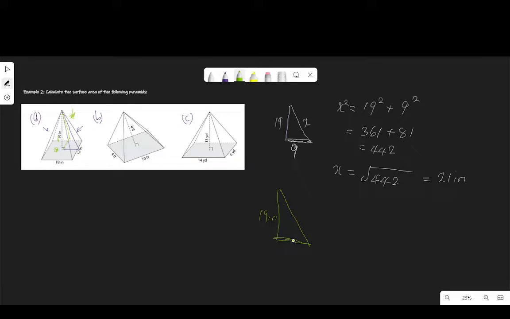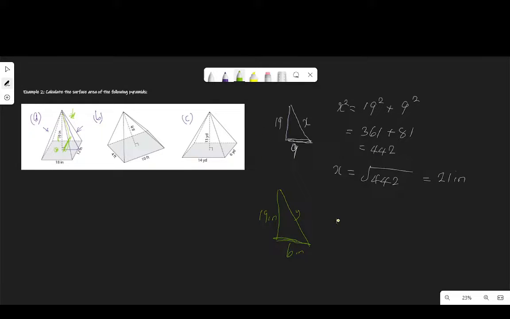Then the base of this triangle is the base right here, which is half of this 12 inches, and that will be 6 inches. So x, or let me call it y, since I've used x here already. Let me call this one y.